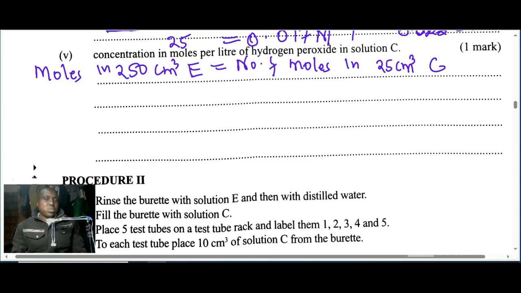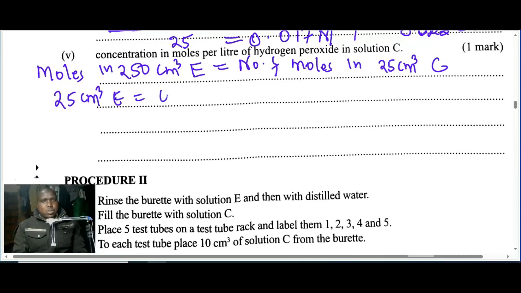We also know the number of moles of E in 1000, so that's no big deal. So we can say 25 centimeters cube E is equal to 0.0000425 moles. We will simply ask 250 centimeters cube will be what?